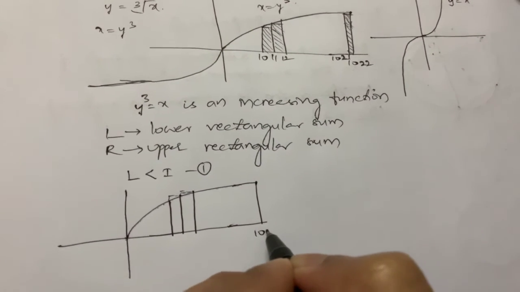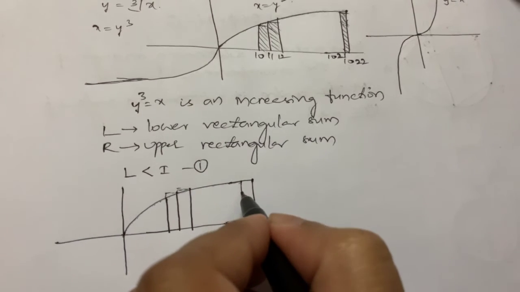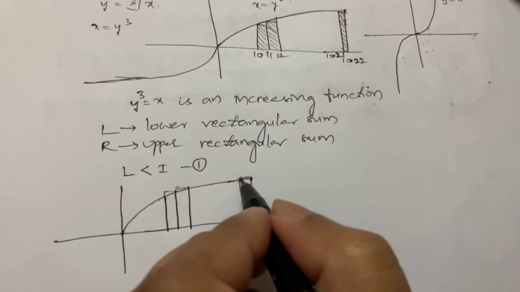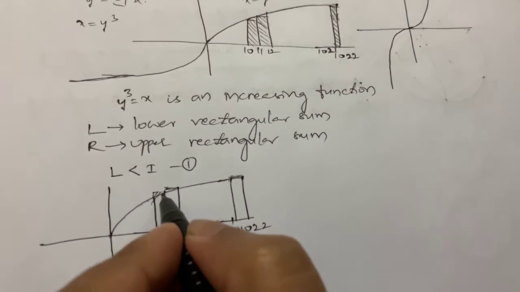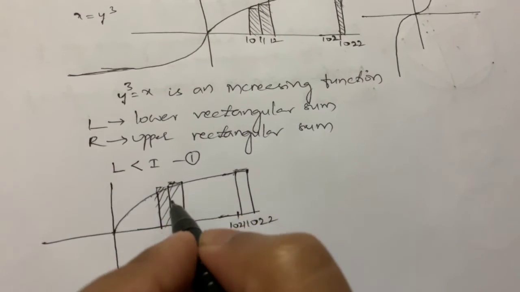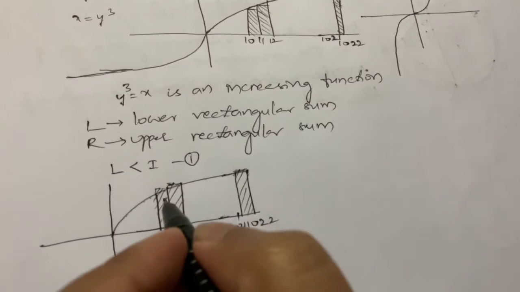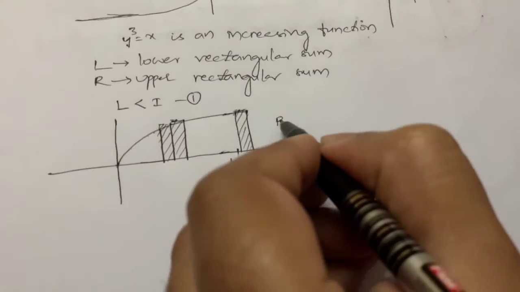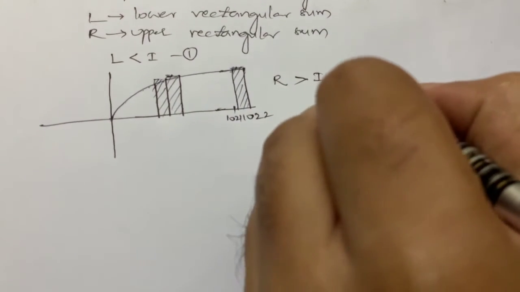This is 1022, this is 1021. So, we have to go till 1021. If you see this, the upper rectangular sum is clearly greater than the area bounded, because it is always more than the function value. So, the upper rectangular sum is greater than I.